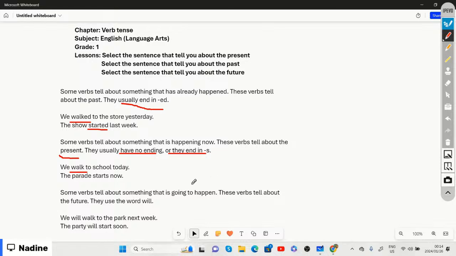The action that is taking place is walk, and that is happening now. And the parade starts now. So the word is starts. It's where they say it either has no ending or they end in an s.